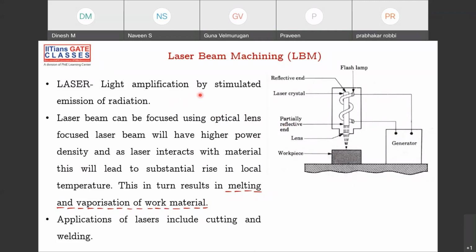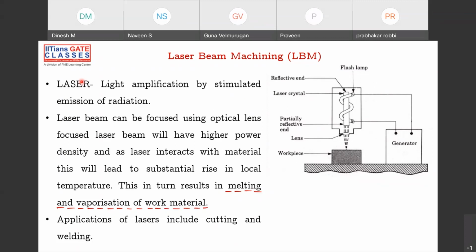Light amplification by stimulated emission of radiation. This is what is called laser. We might have seen, when we were kids, we used to buy some laser and point it at someone's hand, or from long distances. Remember?